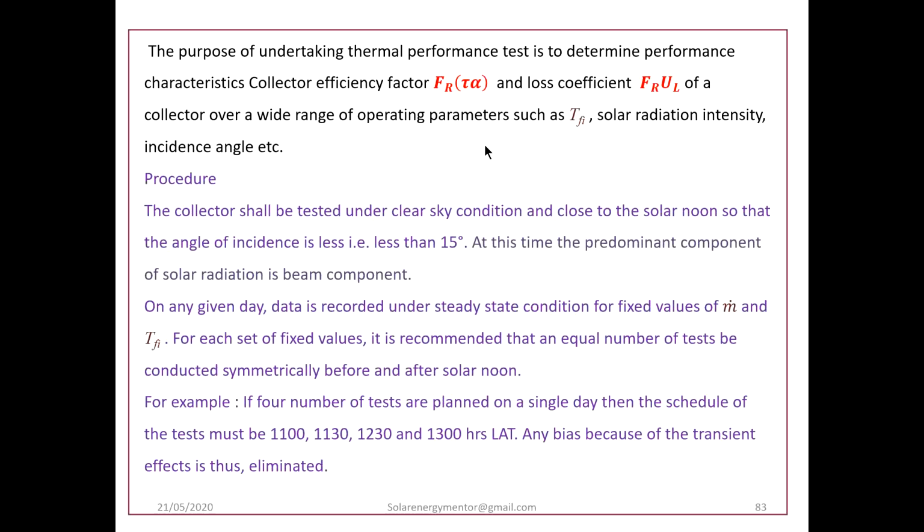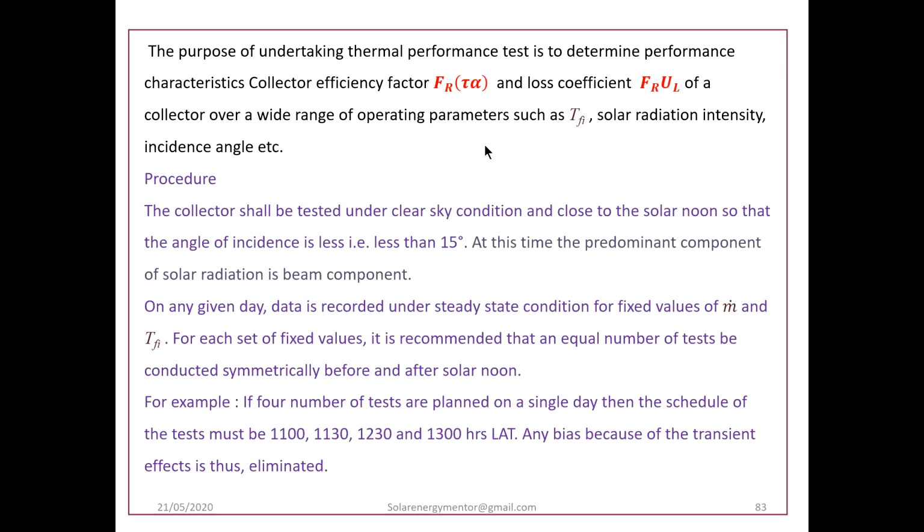Okay, and then these tests are conducted for fixed values of flow rate, that is m dot, and TFI, that is collector fluid inlet temperature. Now for each set of fixed values, it is recommended that an equal number of tests be conducted symmetrically before and after solar noon. For example, if 4 tests are planned on a single day, then the test personnel must plan the schedule like this.